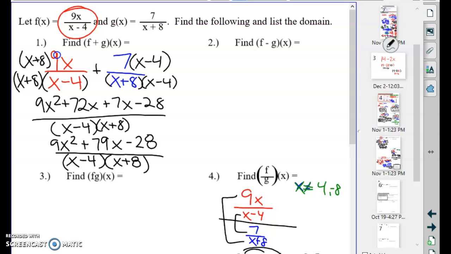And then I'm wondering, so 9x squared plus 79x minus 28, could I divide that by x minus 4? Well, if I did, I'm just going to think about that. So you stop and think about it. Let's see if we can simplify that anymore. So push pause and come right back.